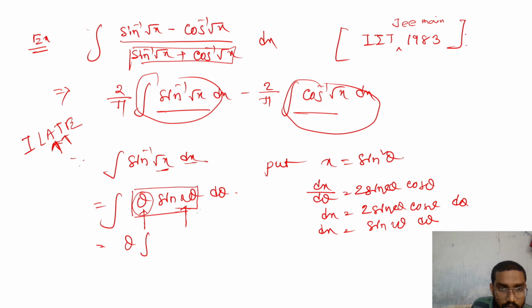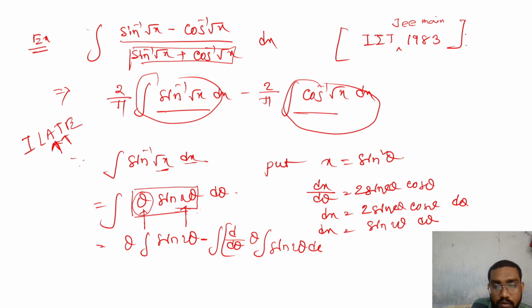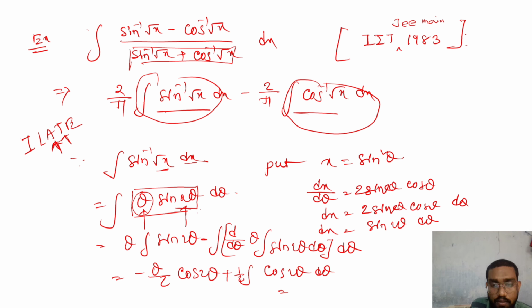So theta, then integration of sin 2 theta, minus d by d theta of theta times integration of sin 2 theta d theta, d theta. So this becomes minus theta by 2 cos 2 theta plus 1 by 2 integration cos 2 theta d theta, and this is equal to minus theta by 2 cos 2 theta plus 1 by 4 sin 2 theta plus c.